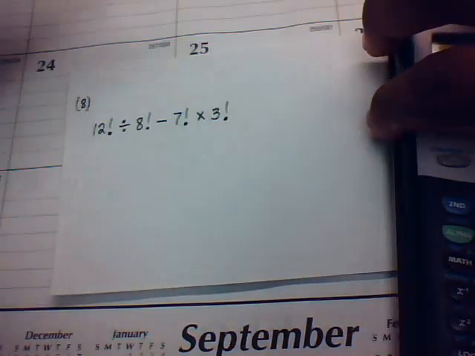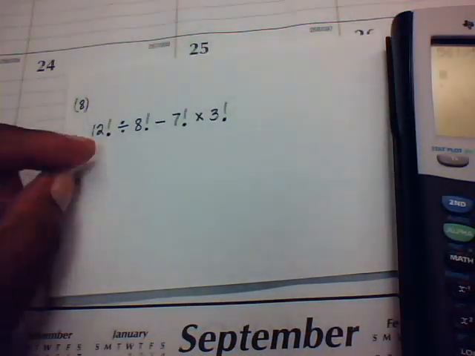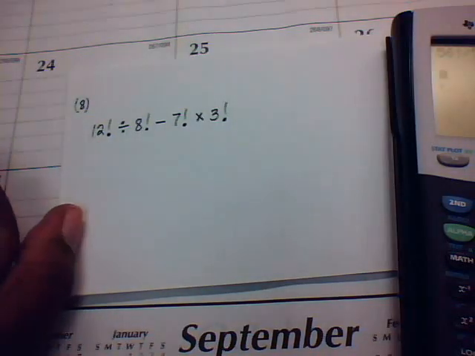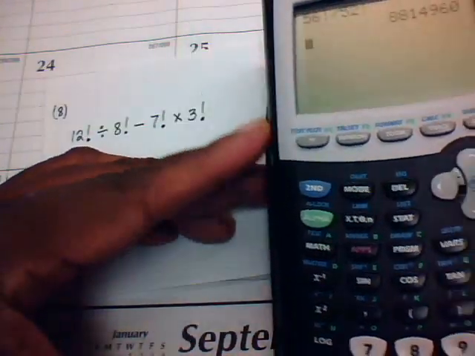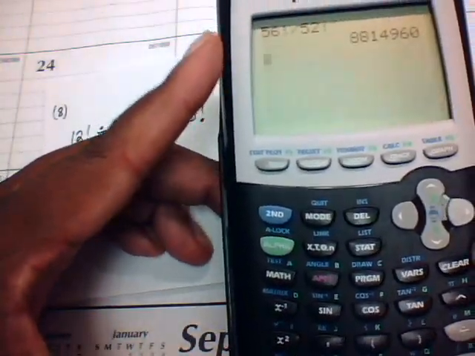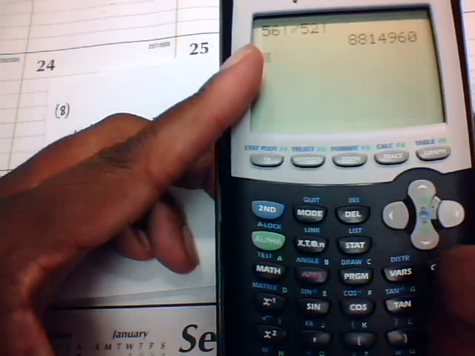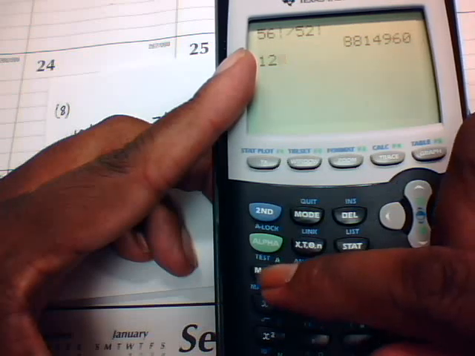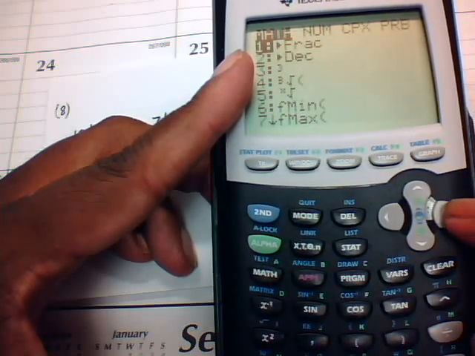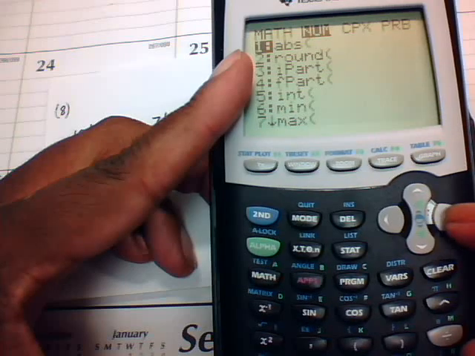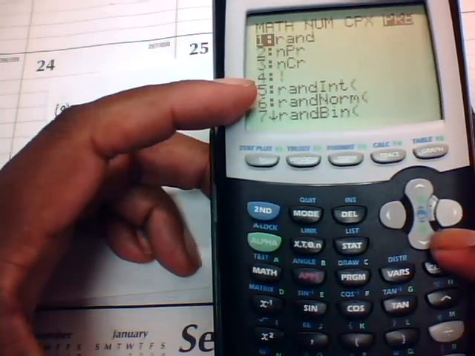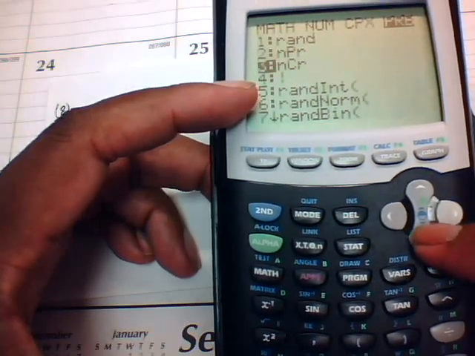Okay, now let's look at the next problem that has factorials in it. 12 factorial divided by 8 factorial minus 7 factorial divided by 3 factorial. Okay, so let's enter this. Okay, the 12, we enter 12, hit this math button, hit the right arrow, use your right arrow key to highlight the PRB menu and select number 4. You can use your down arrow key if you like.